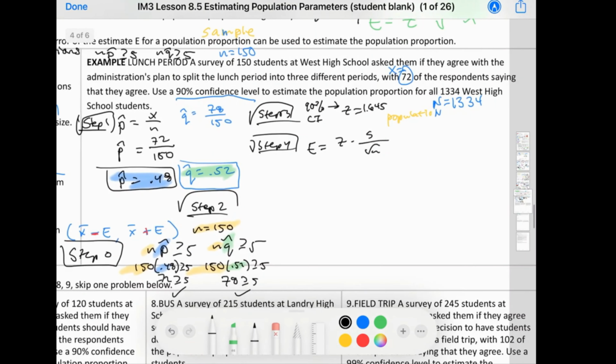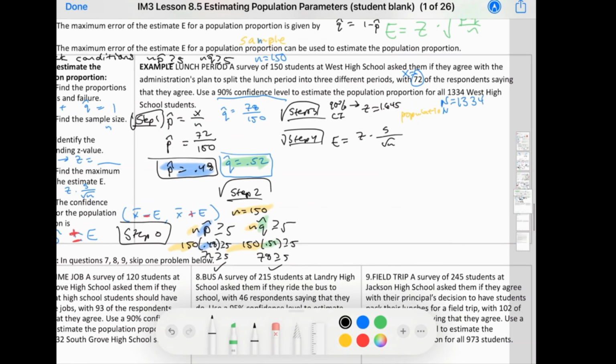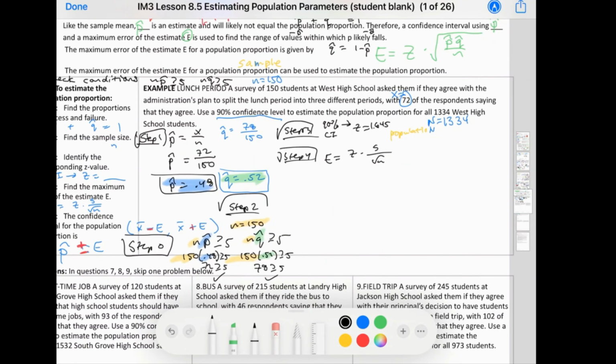But I want us to notice that in the formula we had above, I don't have an s.